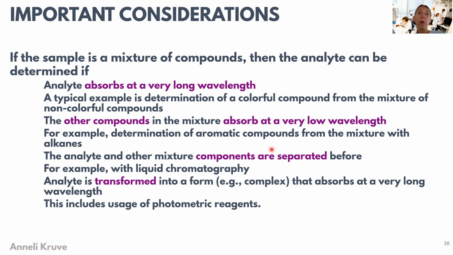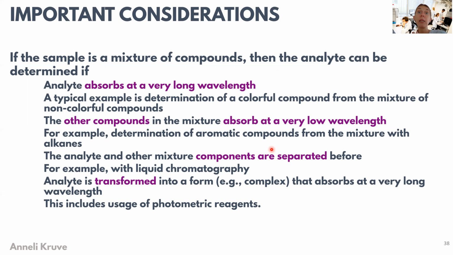Another very useful piece of information is if we know that other compounds absorb at very low wavelengths, even if the analytes themselves don't absorb at such high wavelengths. For example, if we try to measure aromatic compounds in an alkane mixture, we are interested in the aromatic compounds, which absorb in the UV range, up to 270 nanometers.